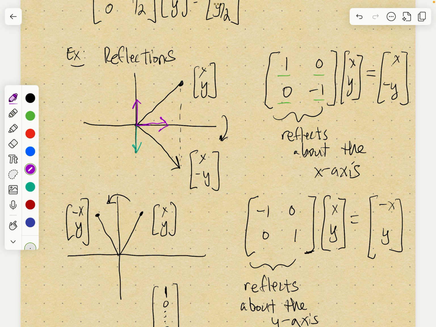So if I call this matrix A, then A times (0, 1) is the second column of A, and A times (1, 0) is the first column of A.